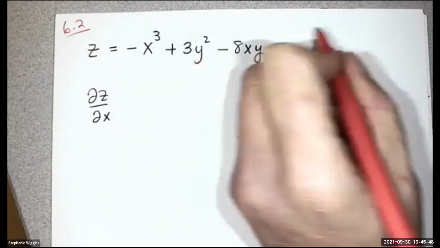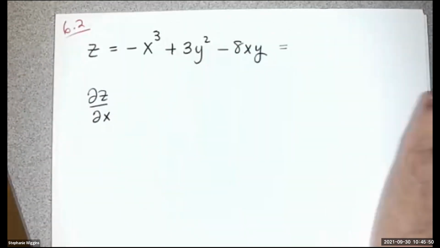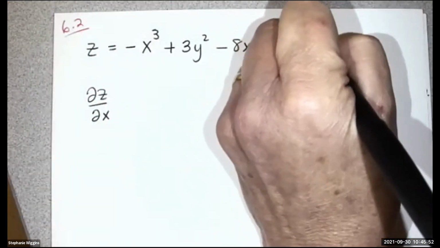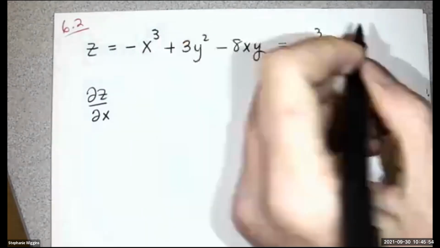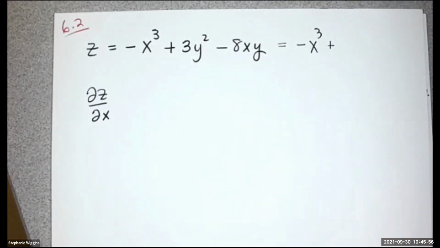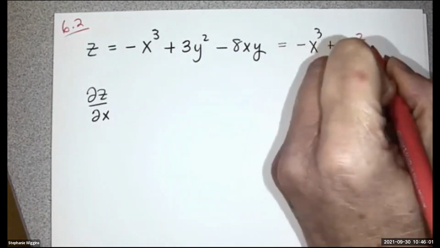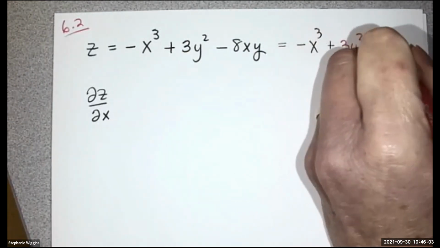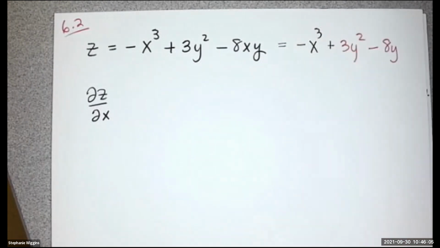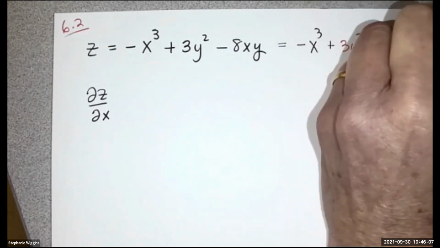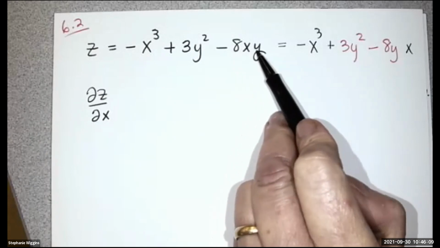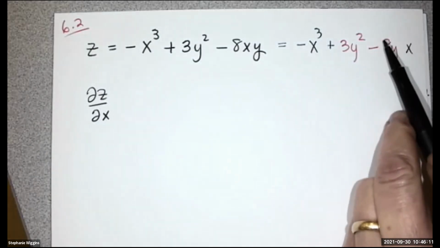So I have negative x cubed, plus this whole thing is constant, 3y squared, and then minus 8y x. I put the 8y together because those are being held constant.